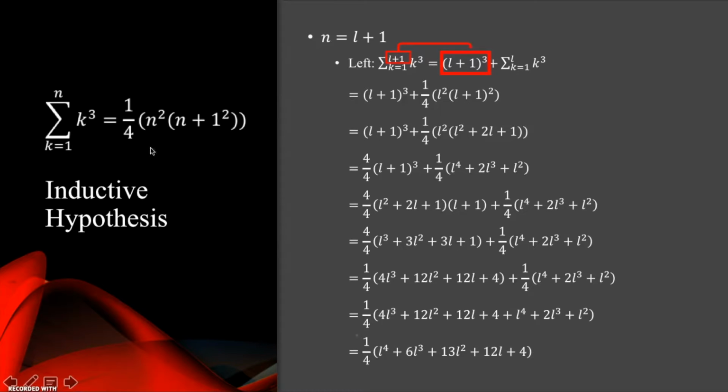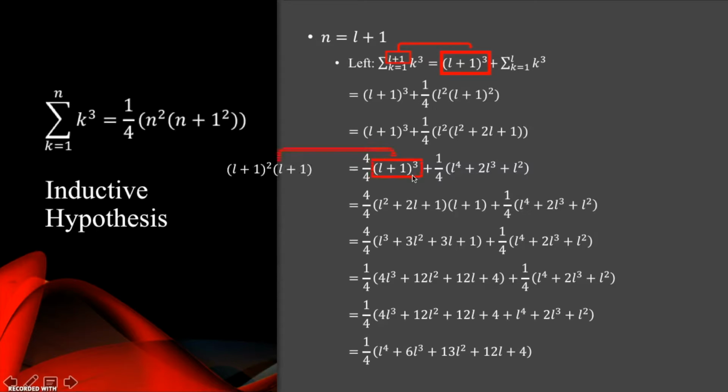The only thing we need to do is to switch the n here to be the L, and it is what we have here. If we multiply the L plus 1 twice, it is easy for us to get this expression. And I put the 4/4 here just for our later reference. And for here, I multiply these 3 terms by the L squared here, and this is what we get.